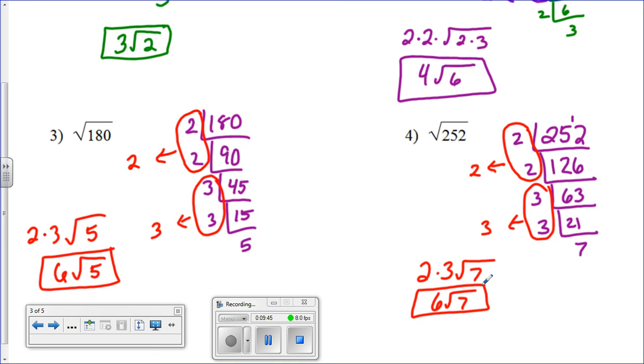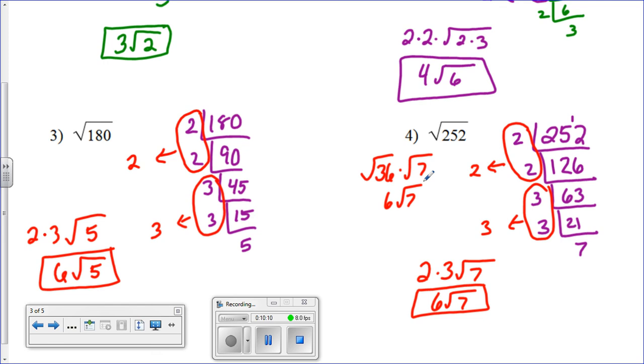Now I'll tell you why I like this method. The method that I taught you before was to see what perfect squares go into, say, 252. What's the biggest perfect square that goes into 252? Well, that would have been 36. So it would have been the square root of 36 times the square root of 7. And that would have given you 6 radical 7.